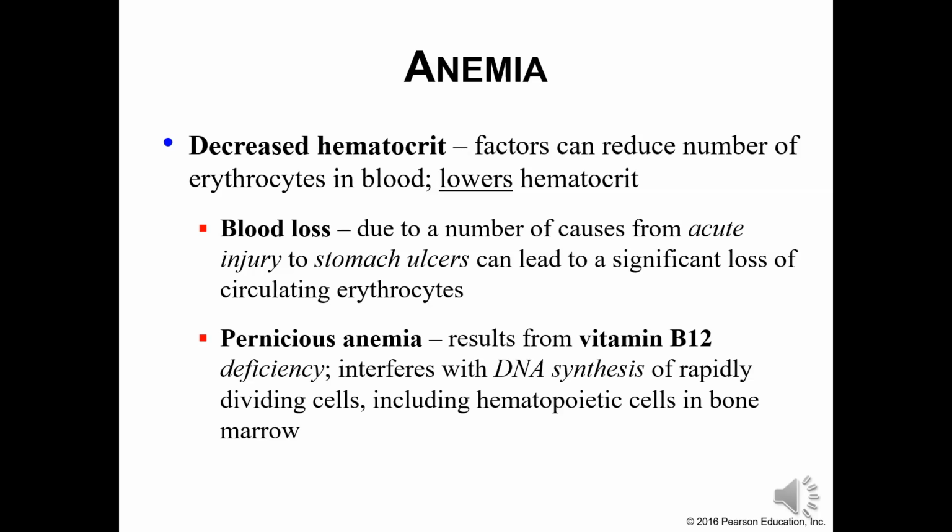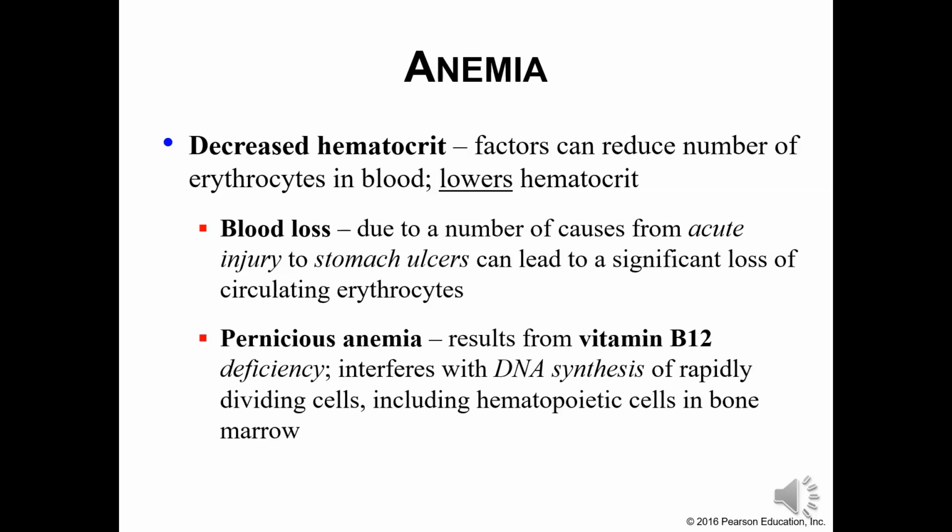Pernicious anemia generally results from a deficiency of vitamin B12. B12 is very important for the nucleus to mature in the red blood cell, and therefore for DNA synthesis to occur. So when you have a deficiency of vitamin B12, you're not going to have adequate DNA synthesis by your rapidly dividing erythroblasts, which include your hematopoietic stem cells in your bone marrow.